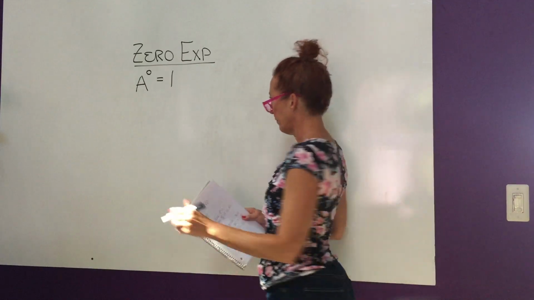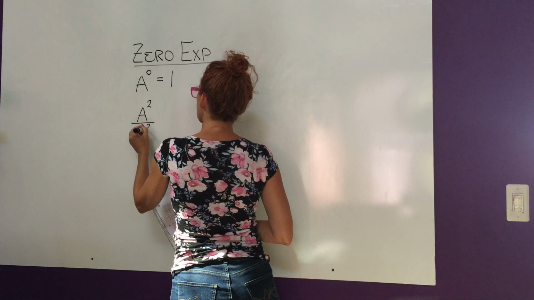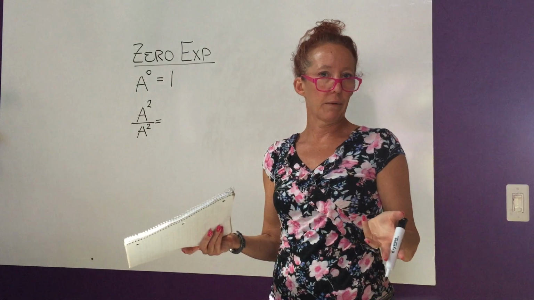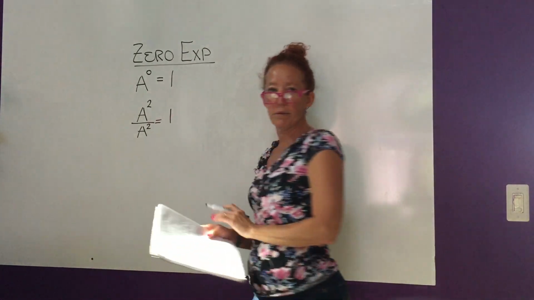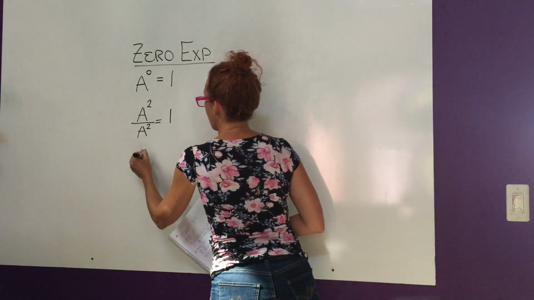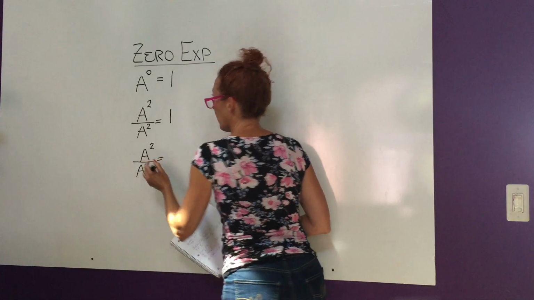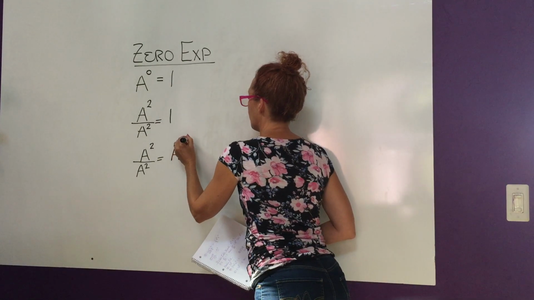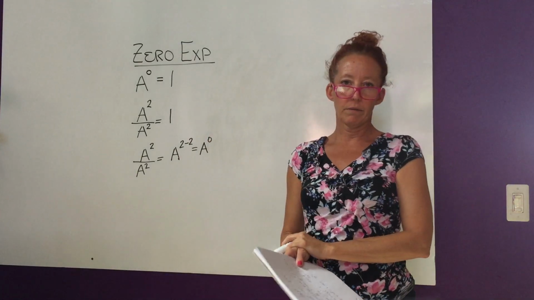Here's why it works. If we have something over itself, as I was just reviewing with you, any factor over itself directly cancels itself out and is equal to 1. However, we also know that if I have a squared over a squared and I apply the quotient rule, I'm going to subtract those exponents, and 2 take away 2 is 0.